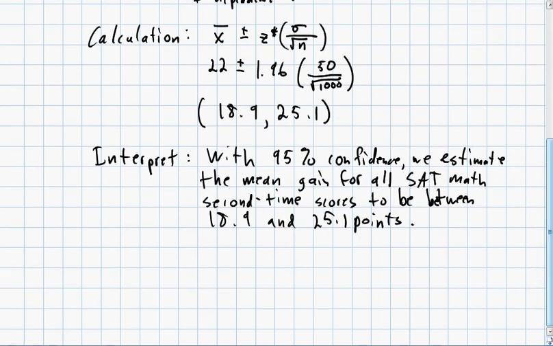So that's part A. Part B, they ask you to calculate the 90% and 99% confidence intervals. To do that, remember, it's the same thing. Let's say for 90%, we're going to do 22 plus or minus 1.645 times 50 over the square root of 1,000.